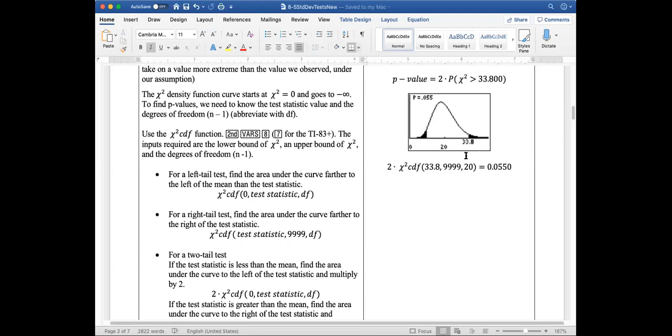So the area underneath the curve to the right of 33.8, the test statistic, is chi-squared CDF 33.8, comma, large positive number, comma, degrees of freedom, and then we end up with 0.0550, because we had to multiply that area by 2 to get the 0.0550.